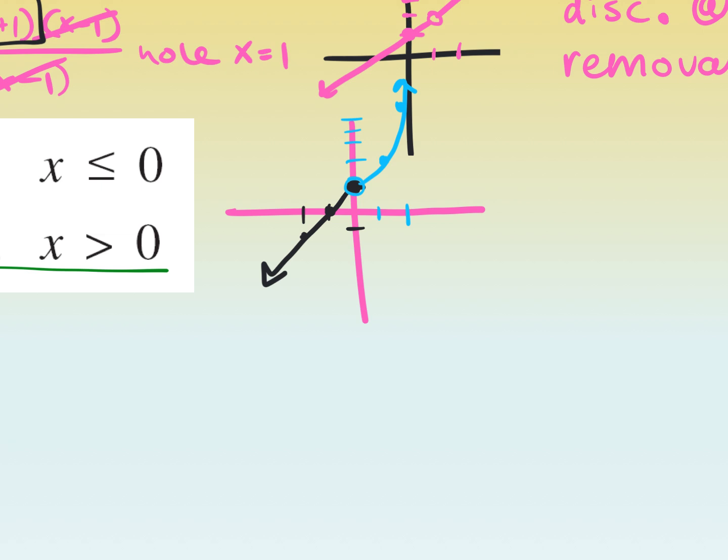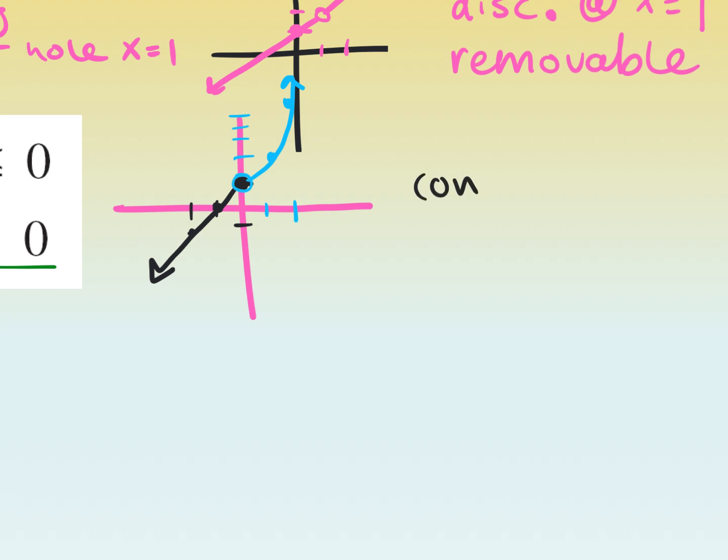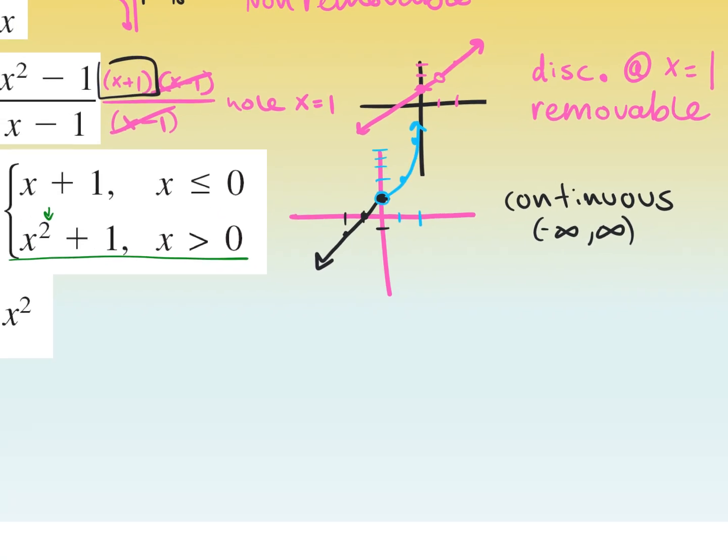They overlap there. So we would say continuous. It'd be continuous from negative infinity to positive infinity, so on our whole graph. Any questions there?